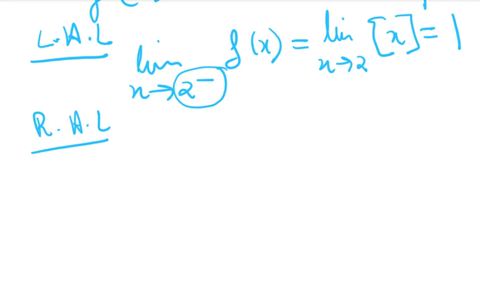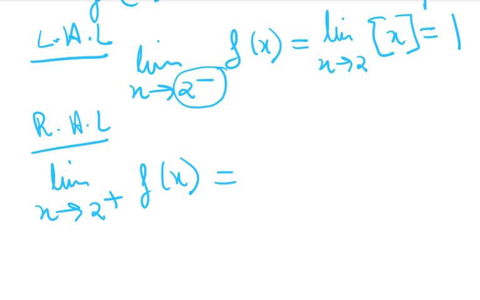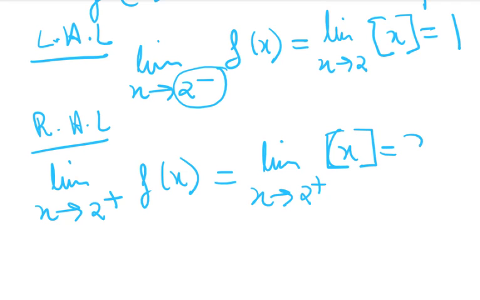The right hand limit. So limit x tends to 2 positive f of x is equal to limit x tends to 2 positive [x] is equal to 2. Why 2?